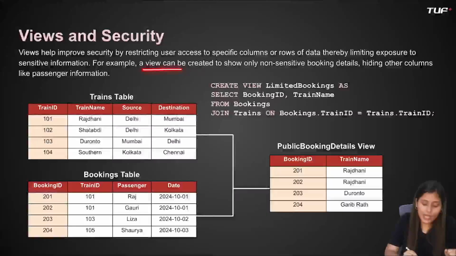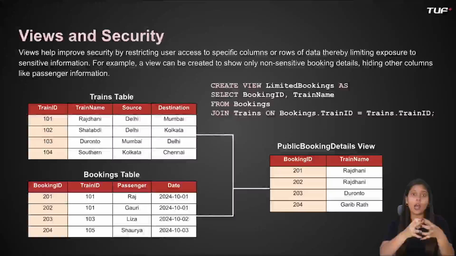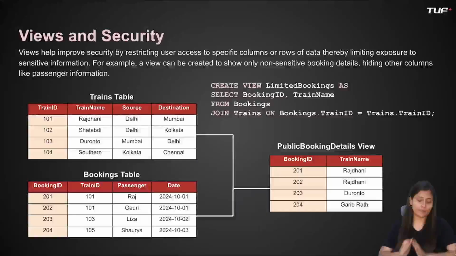For example, a view can be created to show only non-sensitive booking details and hide other columns like passenger information, user ID, password and all those things. So a view represents the non-sensitive data and abstracts the sensitive data, and that's how it gives you more security.